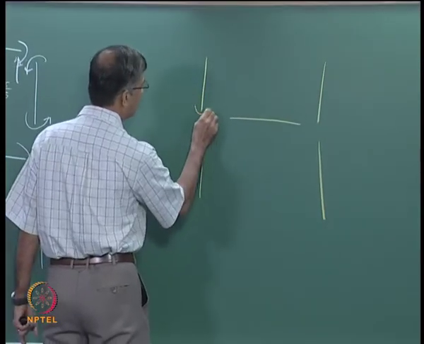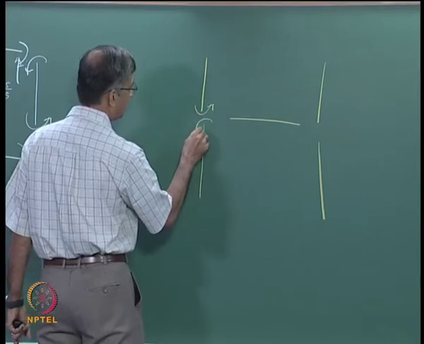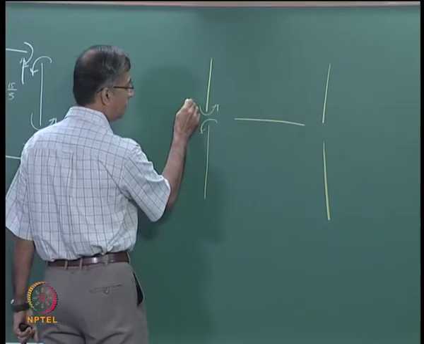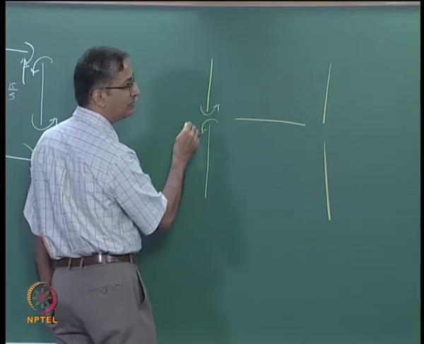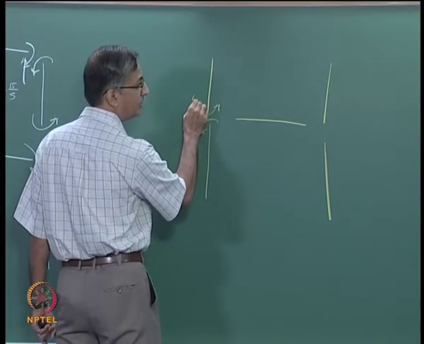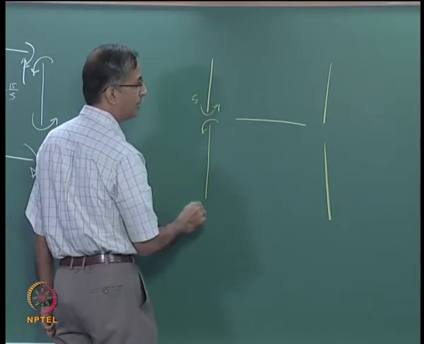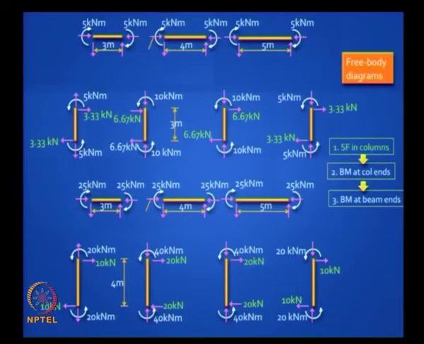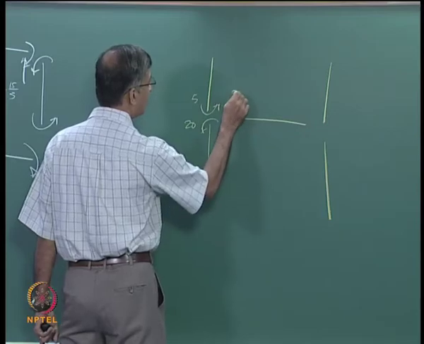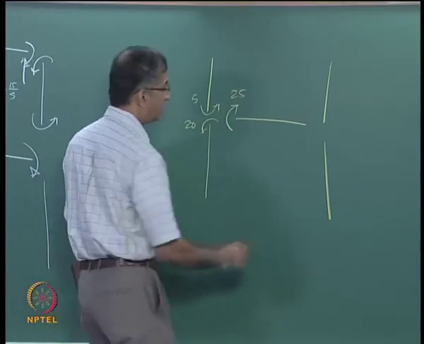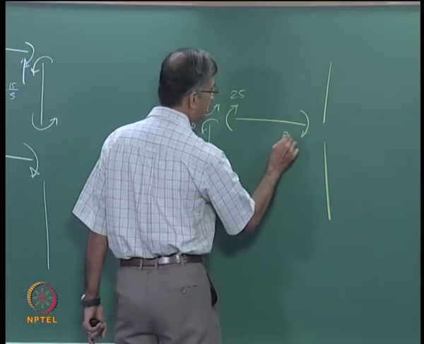Okay, what was this moment anti-clockwise? Top one was 10 or 5? Column 5. Okay, what is this? This is how much? 20. And therefore this must be 25. Clear? So this is 25.